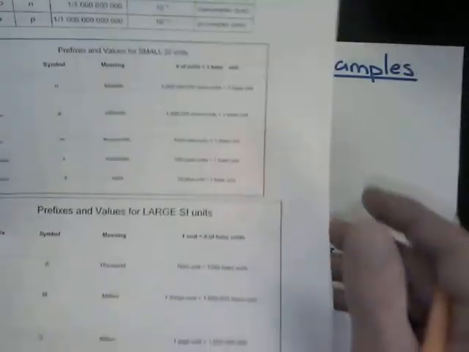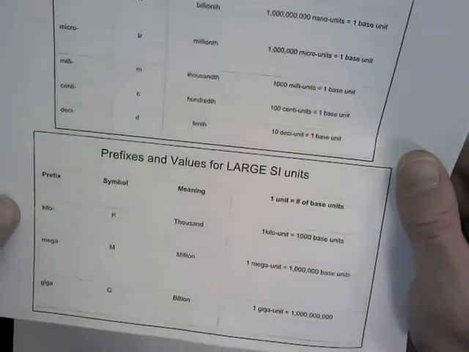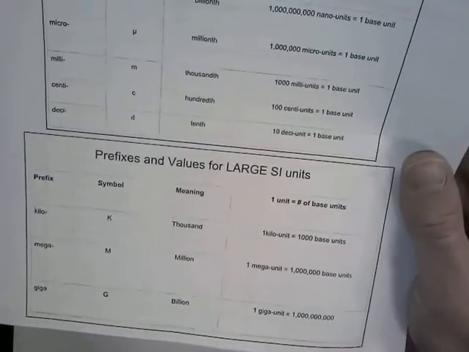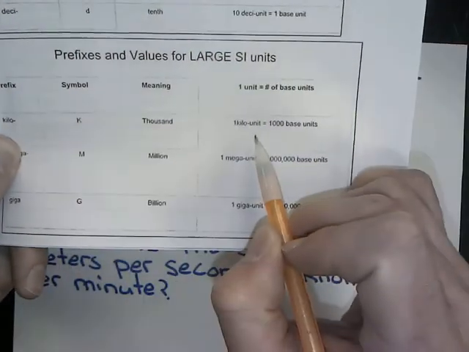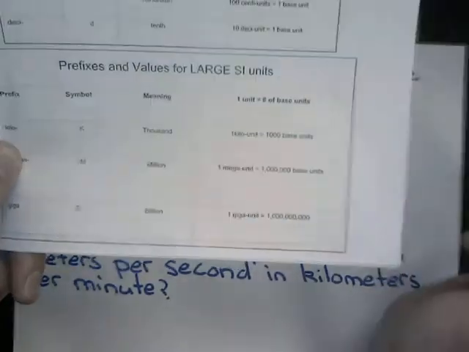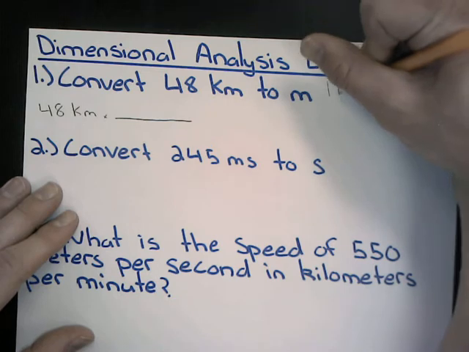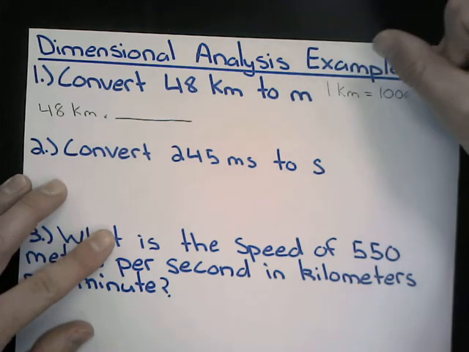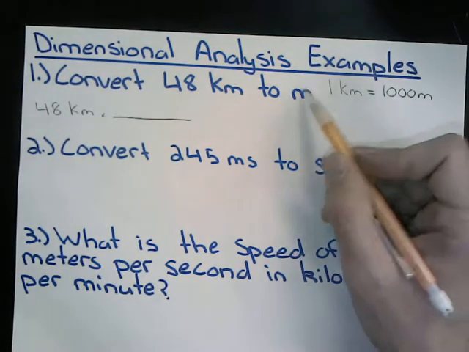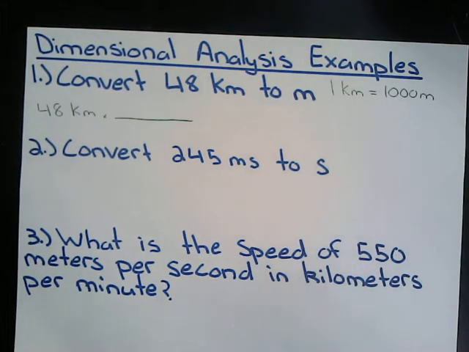On this chart in the periodic table packet, I'm going to look for our kilo, and I find it down here, and it says 1 kilounit equals 1,000 base units. What that means for us is that 1 kilometer equals 1,000 meters. And remember, meters is a base unit. I'll point that out in our next example.